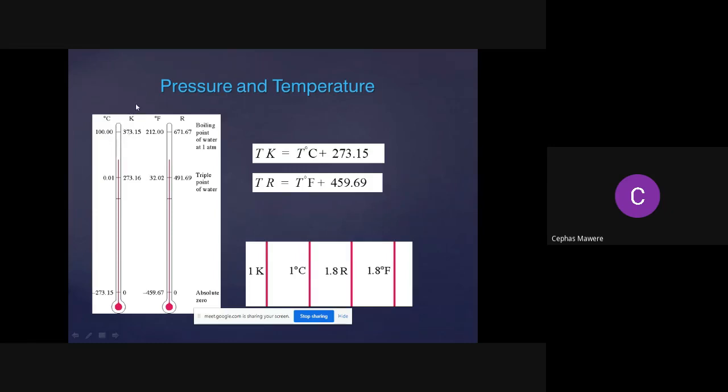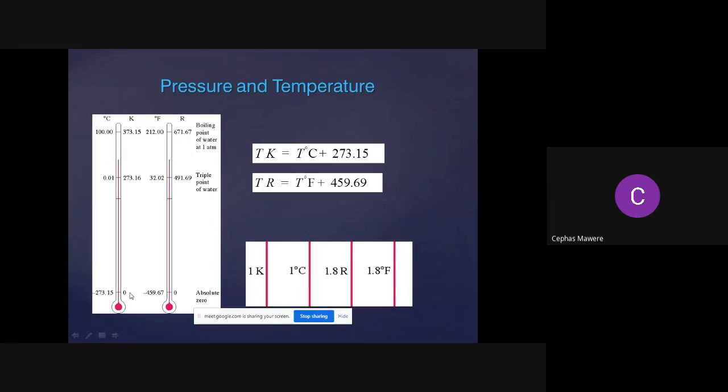We normally use kelvins for our calculations, though at times we can also use degrees Celsius. So in this scenario, we have the absolute zero value for temperature, which in degrees Celsius is minus 273.15.